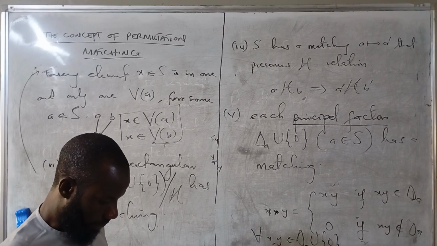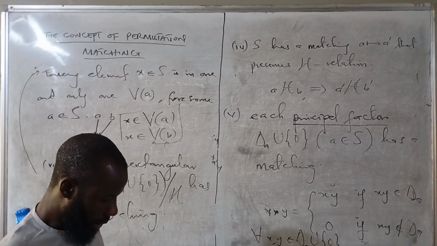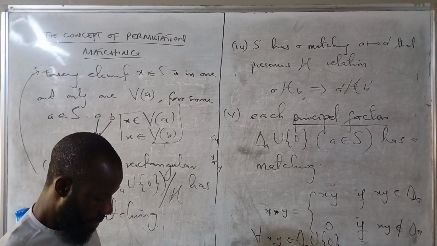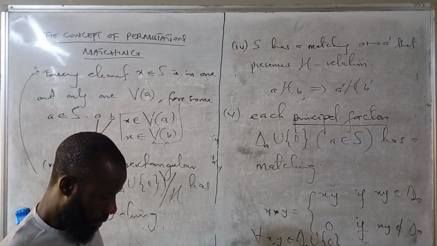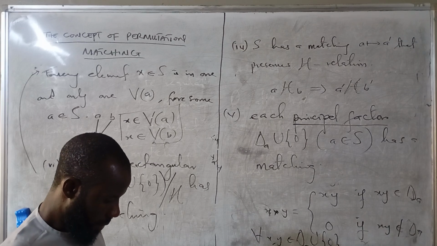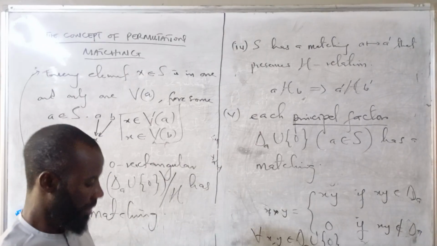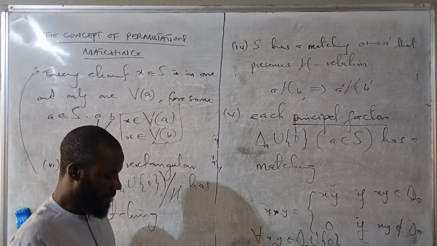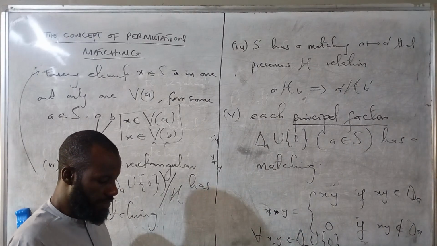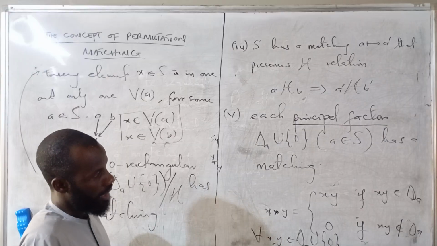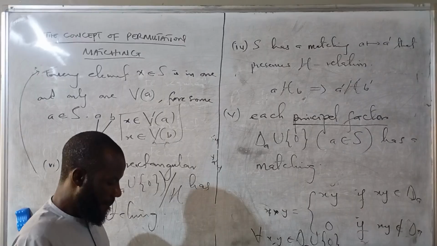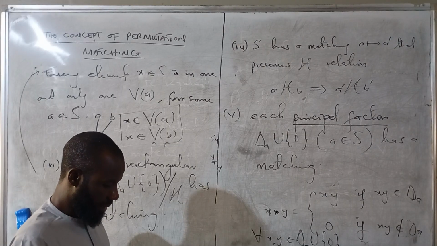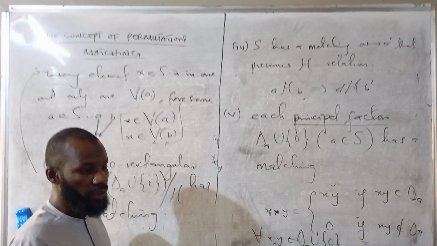But now the question is, it has been shown that every inverse semigroup, that is completely inverse semigroup and inverse semigroup, have involution matching. But then the question is, does Tn, the full transformation semigroup, have an involution matching?